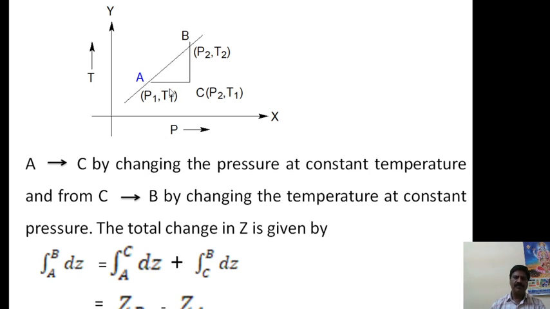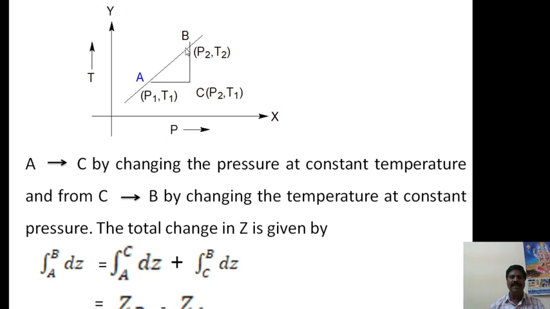Therefore the first step is keeping the temperature constant, with the value changing from A to C, and from C to B keeping the pressure constant while temperature is allowed to vary, and from A to B both temperature and pressure are allowed to change.